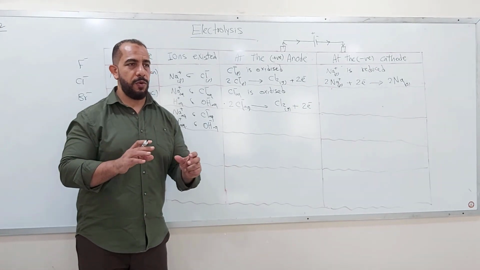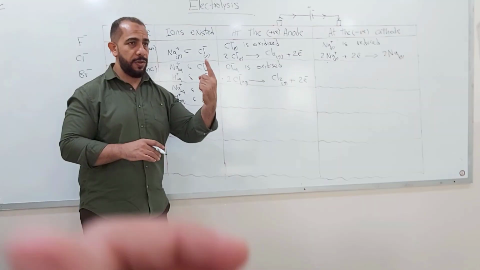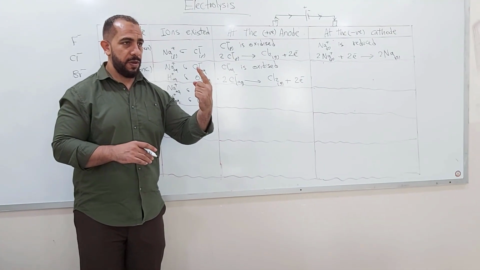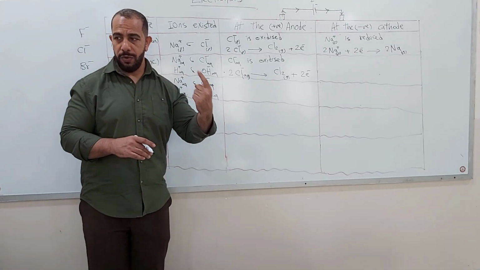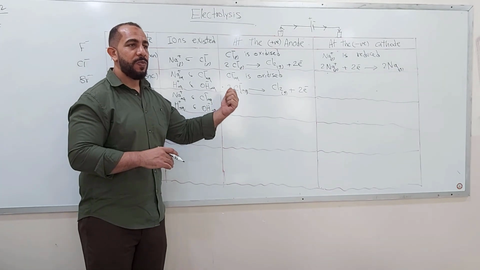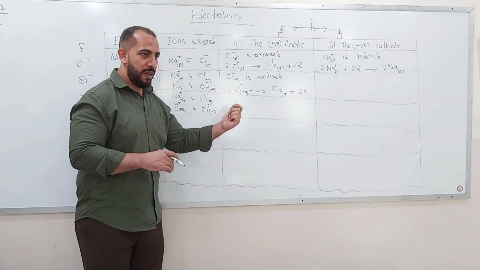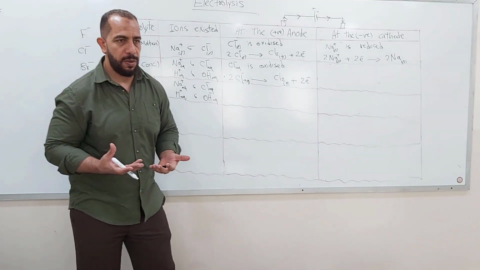So the rule here, guys, the rule which is used all the time, at the cathode there is only one rule. Take care of one rule, whether the solution is concentrated or diluted. What is the rule, guys? The less reactive ion is more likely to be reduced. How do you know the less reactive and the most reactive?